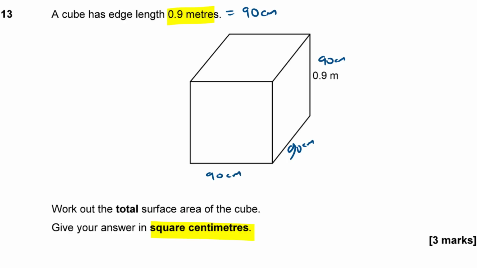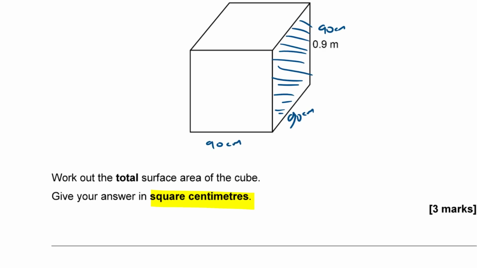Now a cube is made up of 6 equal faces, and each face is a square, and 90 times 90 is the area of each square. So the total surface area of this cube is going to be the area of one face, which is 90 times 90, times the number of faces, which is 6.